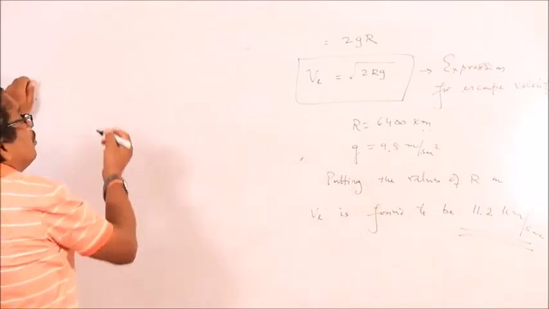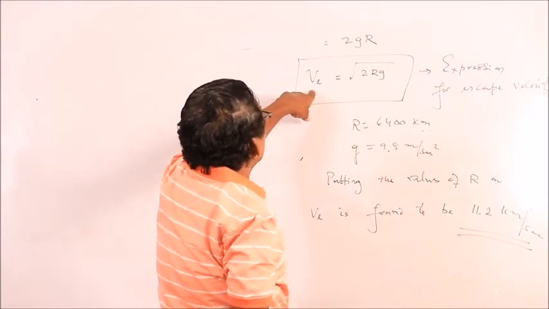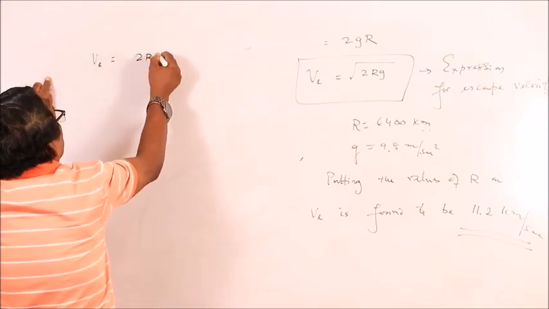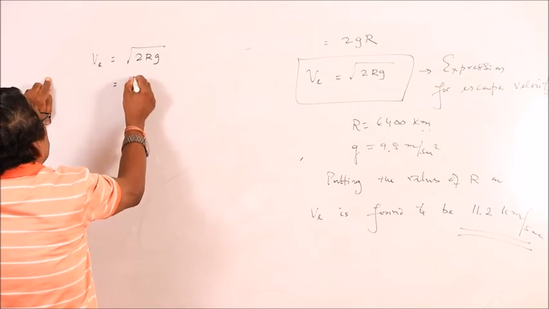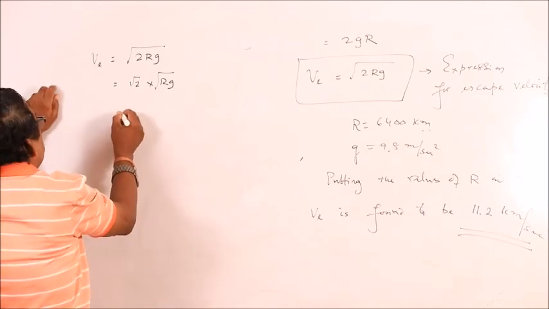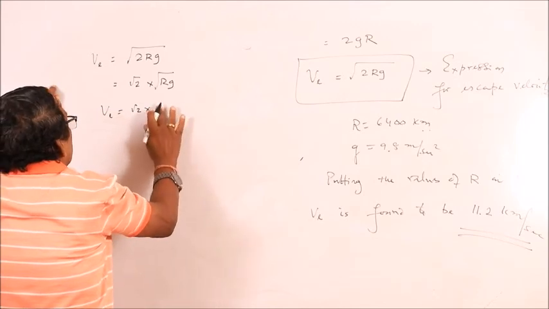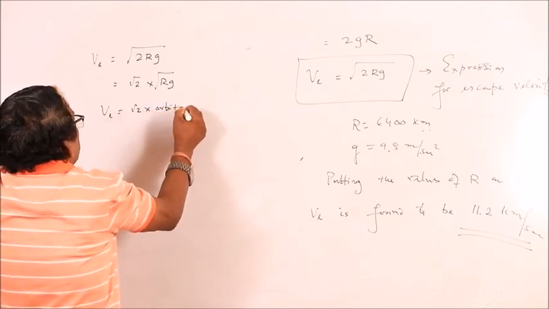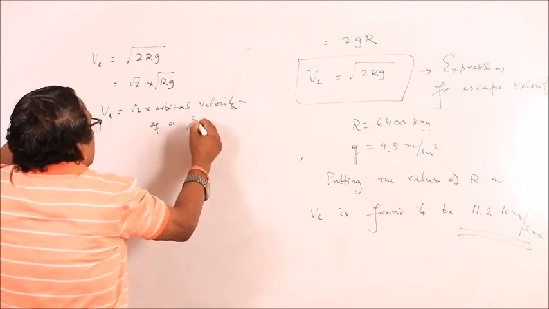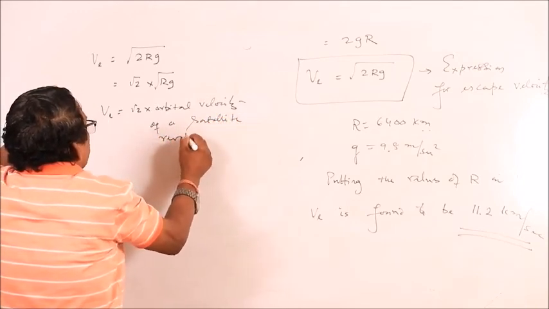Relation between the orbital velocity when a satellite is revolving close to the surface of earth and the escape velocity: V is equal to what? Square root of 2Rg, we can write it as root 2 into square root of Rg, that is root 2 into the orbital velocity of a satellite revolving close to the surface of earth.